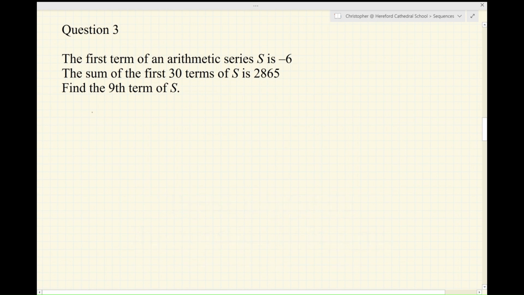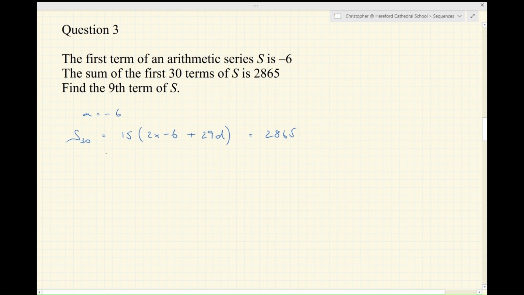Now we know that the first term of this sequence is minus 6, and we know that the sum of the first 30 terms is 2,865. So an expression for the sum of those 30 terms is n over 2, 15, times twice a plus 29 times d. And we know that that equals 2865.